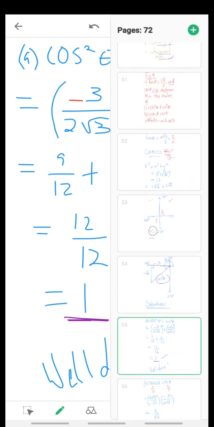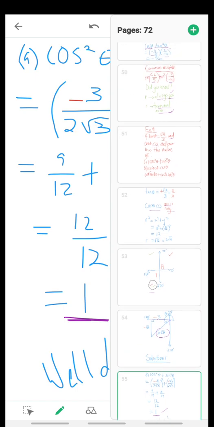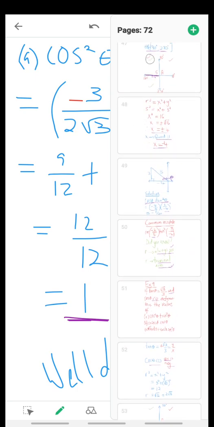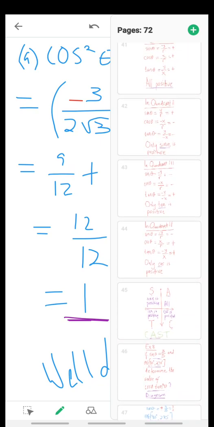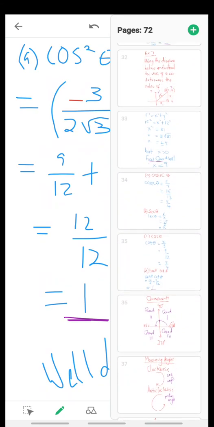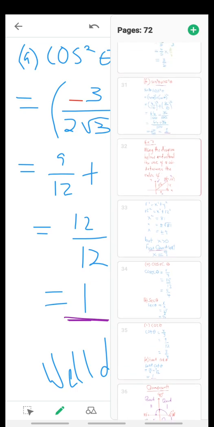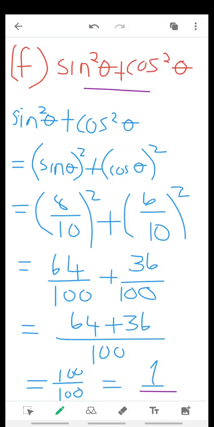Now let's go to the next proof, where we had something similar, and we want to check whether you are telling us the right thing or you are just guessing. Look at this. We were solving for something there, and the question said determine sine squared theta plus cos squared theta, and our answer was also 1.